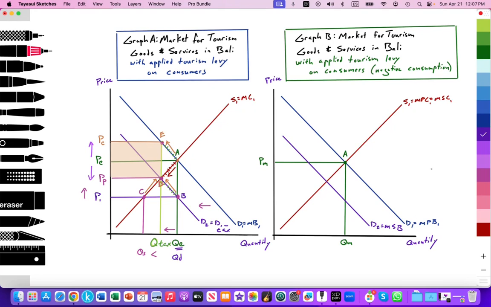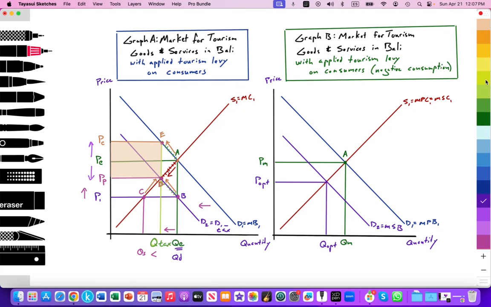All right, and that would provide a socially optimal price at P opt, and a socially optimal quantity at Q opt. So the government of Bali and its people would prefer reduced consumption for their tourism services, where MSB equals MSC.